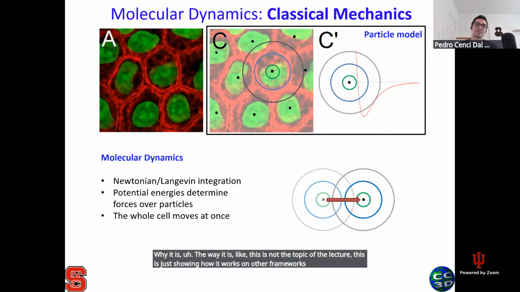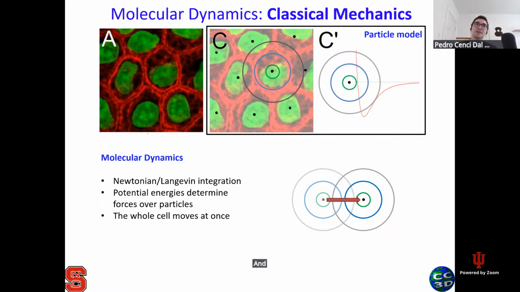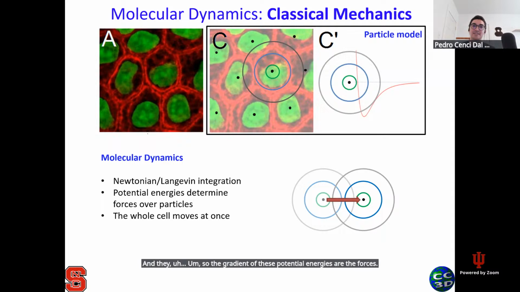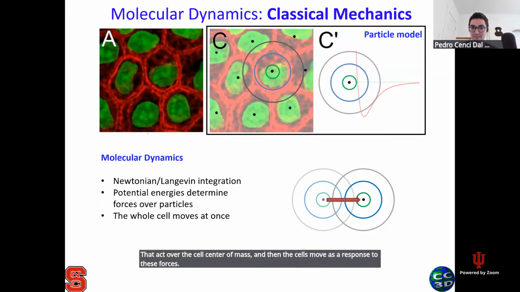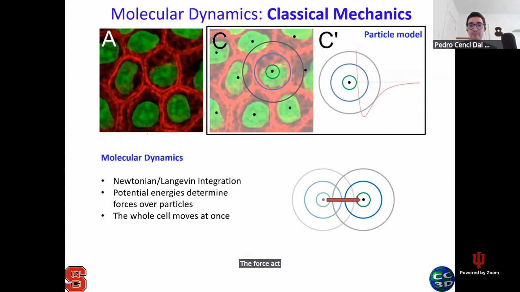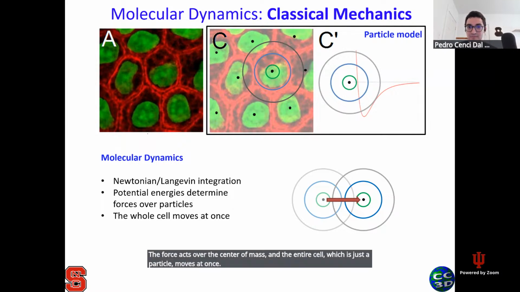So here the cells are subjected to potential energies, and the gradient of these potential energies are the forces that act over the cell center of mass, and then the cells move as a response to these forces. The force acts over the center of mass, and the entire cell, which is just a particle, moves at once.